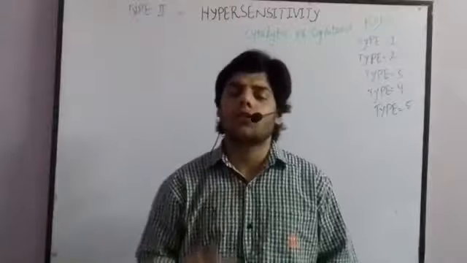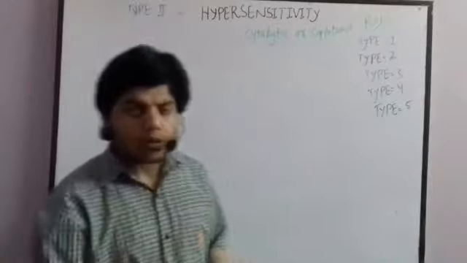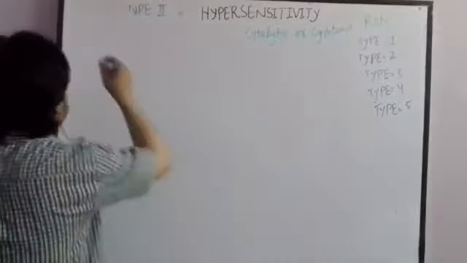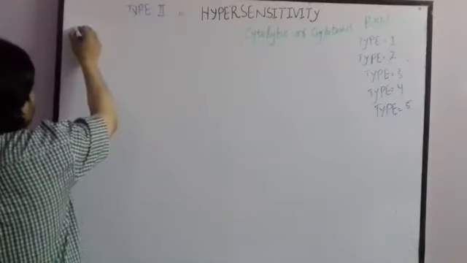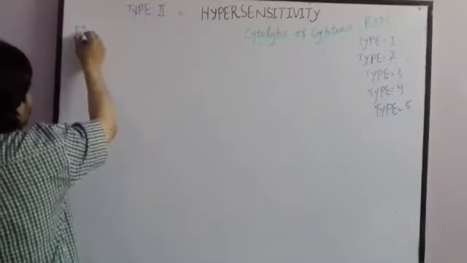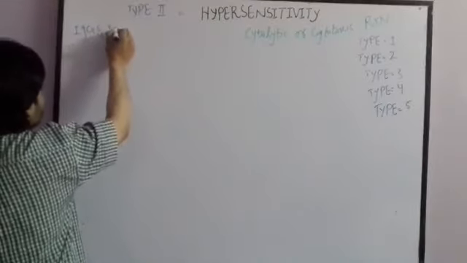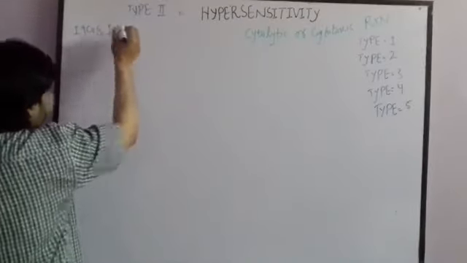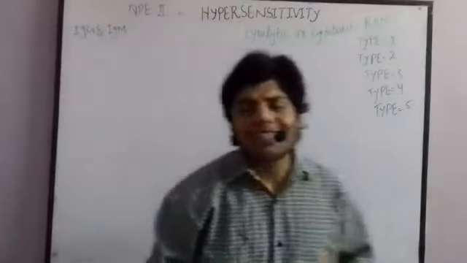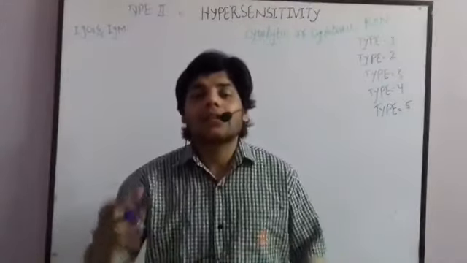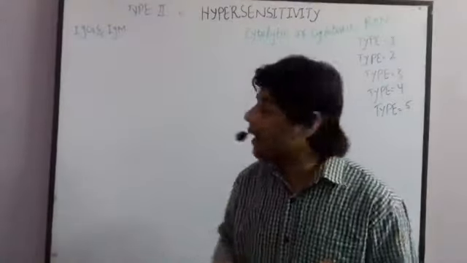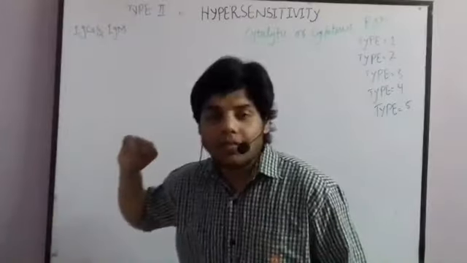Now, what actually happens in this case? Two antibodies are usually produced. We call them IgG and IgM. These two antibodies are usually secreted against the host cell, or we can say against the RBC.